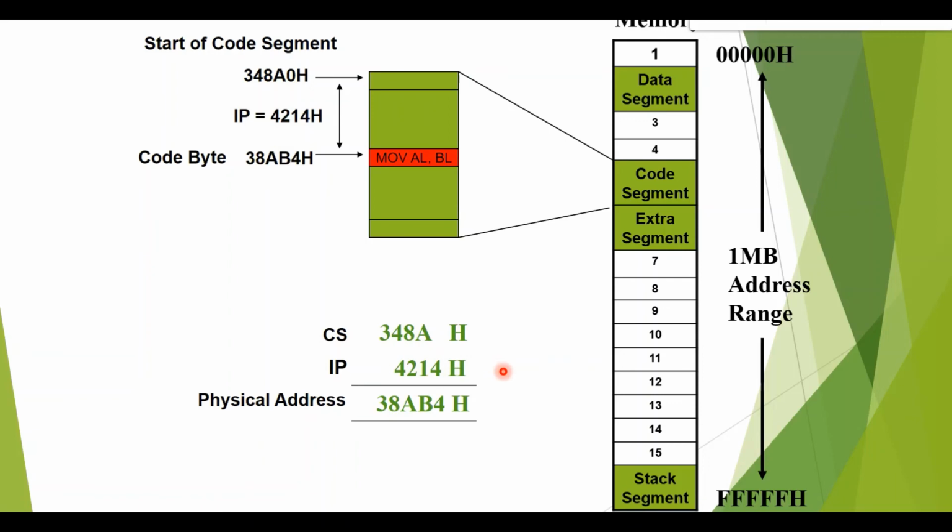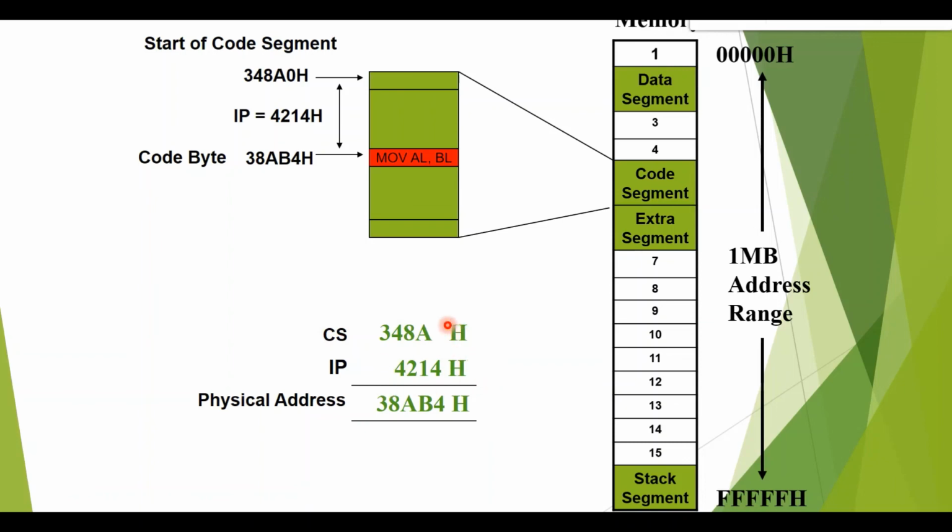4214H. Again, we say that this is 16 bits and this is also 16 bits, but the BIU inserts the 0 at this place, at the lower 4 bits, and then we add this code segment register with the instruction pointer address.